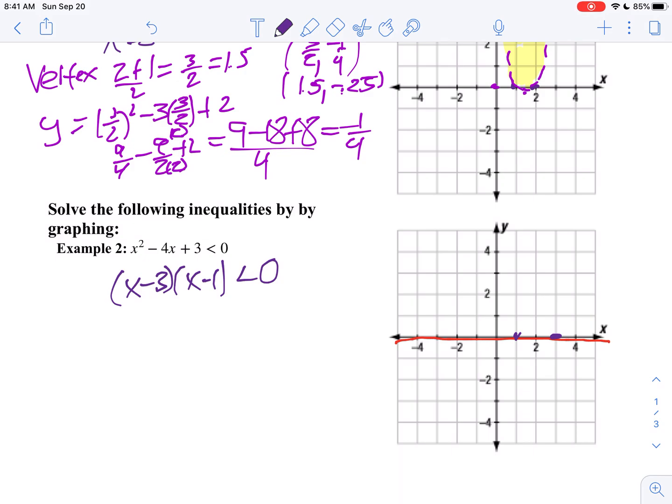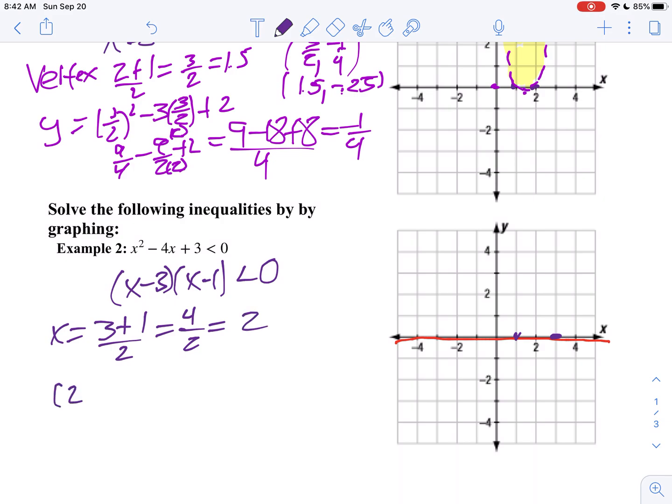But let's take a look at it here. Well, it's part of my solution. I have to look at how my parabola looks. Let's find the vertex. Once again, let's use the average of my x coordinates. So x equals 3 plus 1 divided by 2, which is 4 divided by 2, which is 2. Now let's substitute that in.